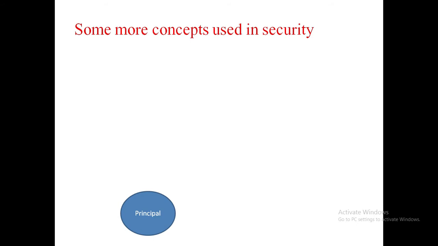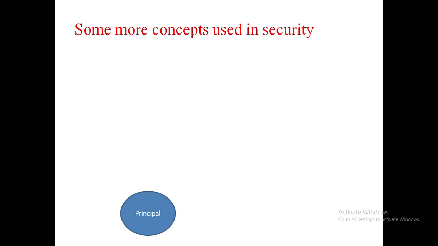Principal is nothing but the user, the user who is going to use our application. You can consider the principal as a logged in user. The one who is going to use our application is nothing but the principal.